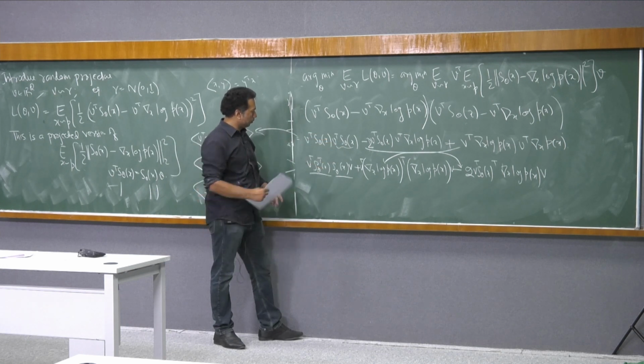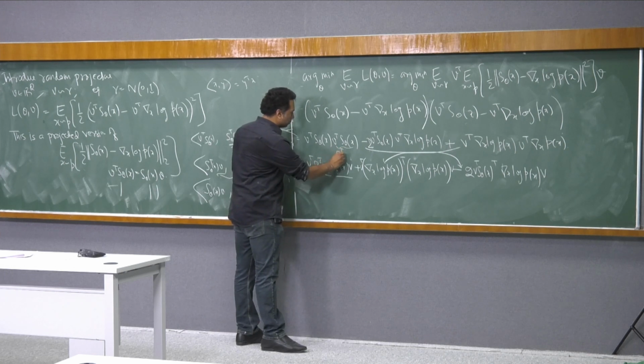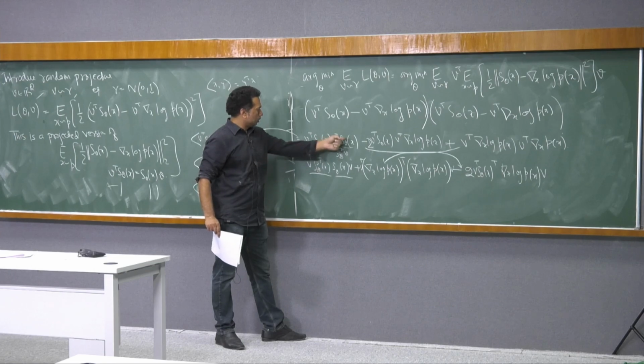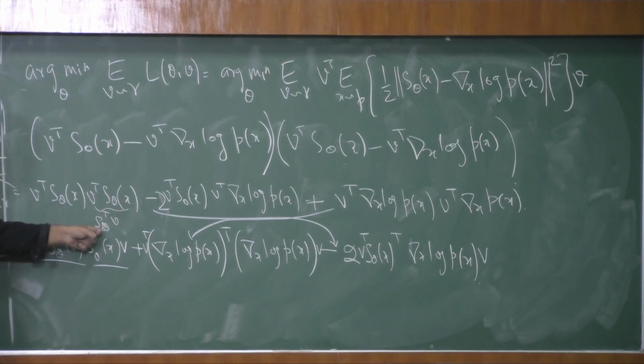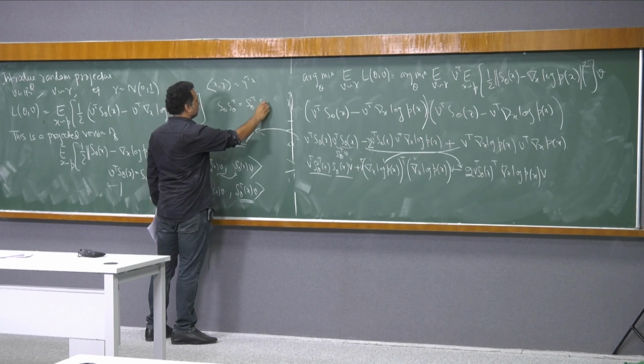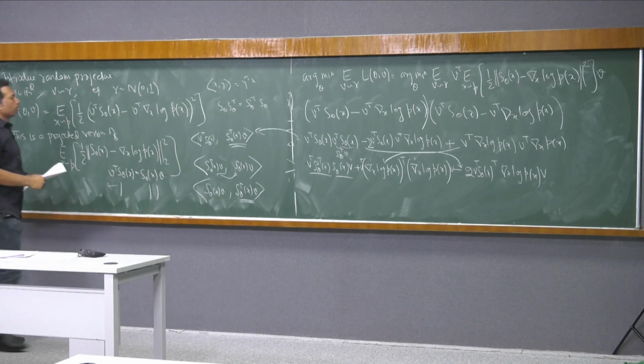From here to here, this is the same as s theta transpose v, because x transpose y is y transpose x. So v transpose s theta is s theta transpose v. So what we have is s theta transpose, and s theta transpose s theta. Now the question is whether s theta transpose is the same as s theta transpose s theta. Perhaps it holds. If A is symmetric, then it will hold.